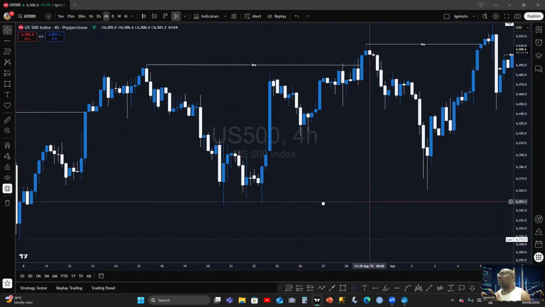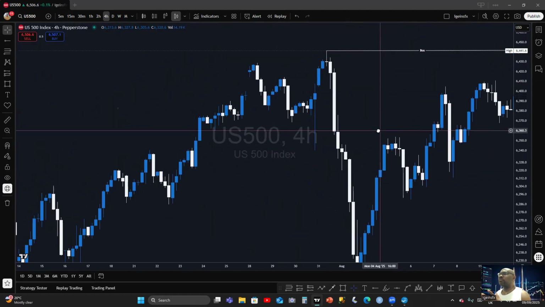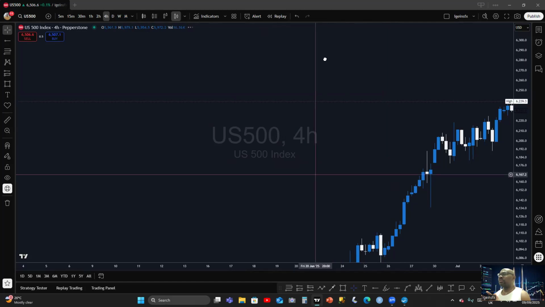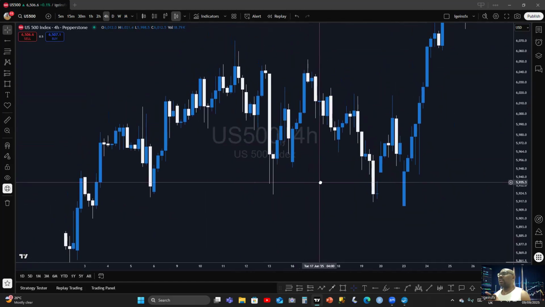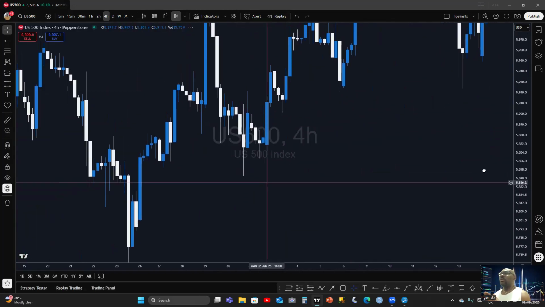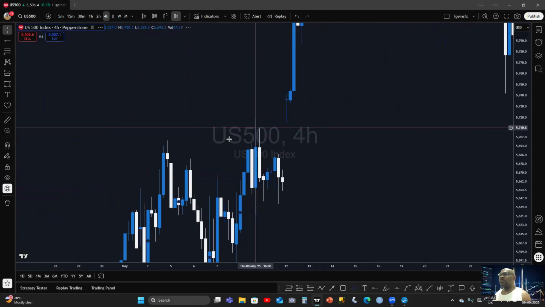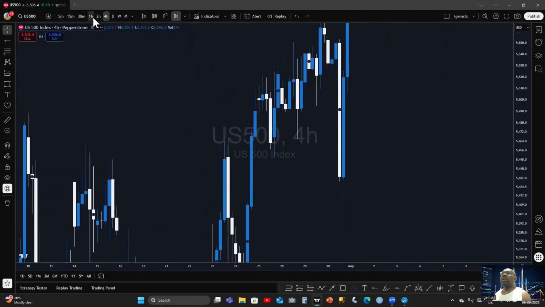Let's try it on a bearish move, so that you guys will understand what we are doing. Here we have a bearish move.